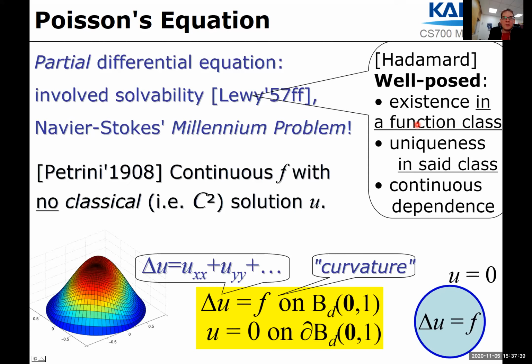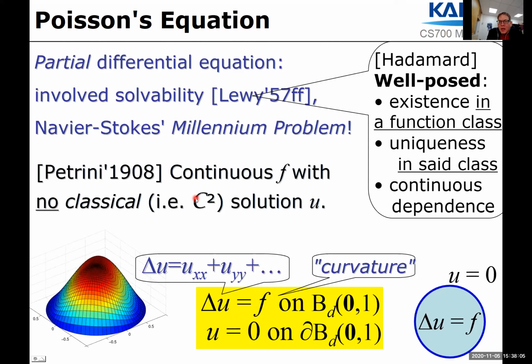Right, and regarding Poisson's equation, there's a famous counterexample due to Petrini from over 100 years ago, who constructed a continuous right-hand side f such that Poisson's partial differential equation has no classical solution, no twice continuously differentiable solution.